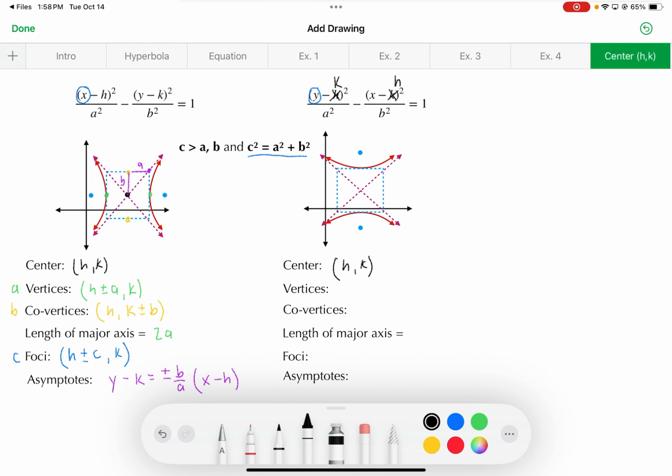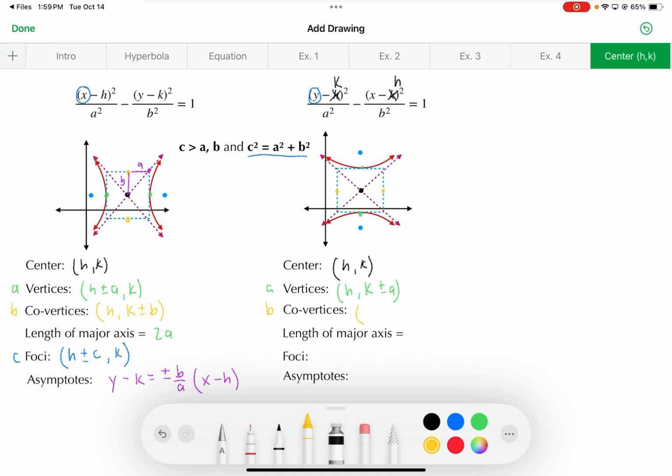Your vertices then still come from a, but you have to go up and down to get to them now from the center. So if the center's at (h, k), if I go up a units or down a units, that's going to place me at (h, k plus or minus a). Covertices would be here and here.